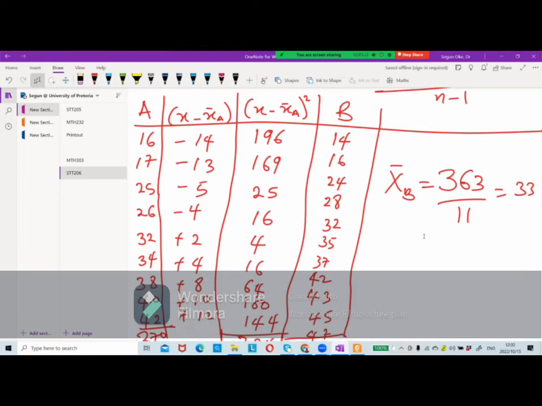Do it by yourself. I need the total. Where you get minus, keep your minus to yourself. Don't mention minus. Remember, you have to square it.